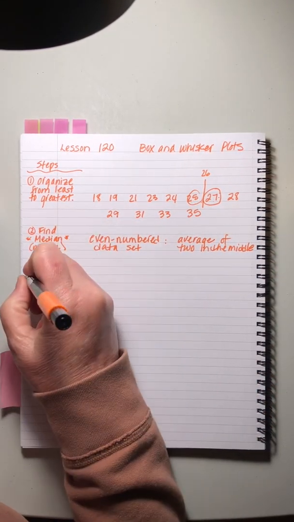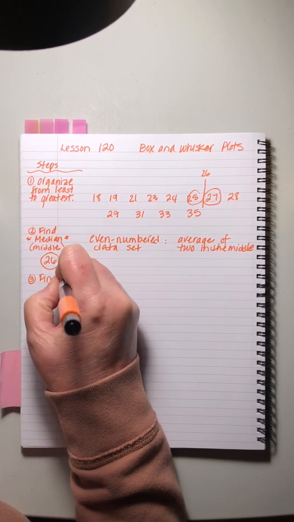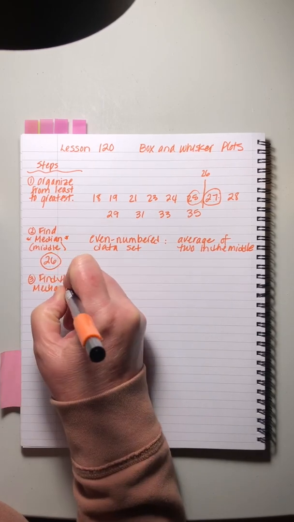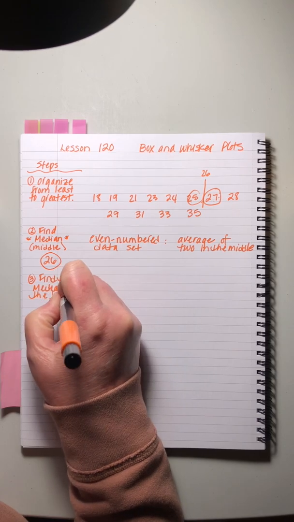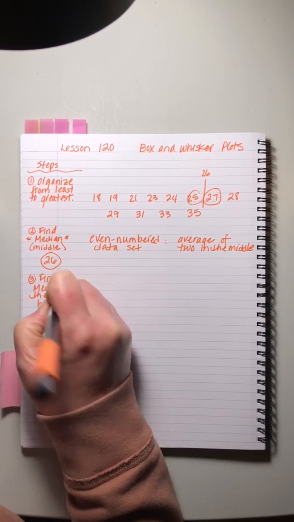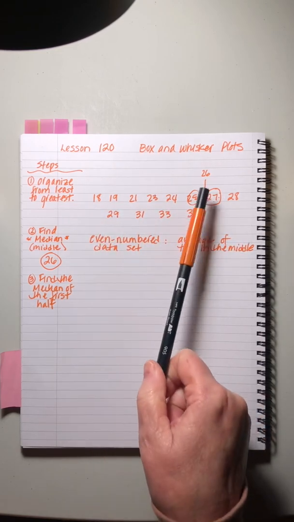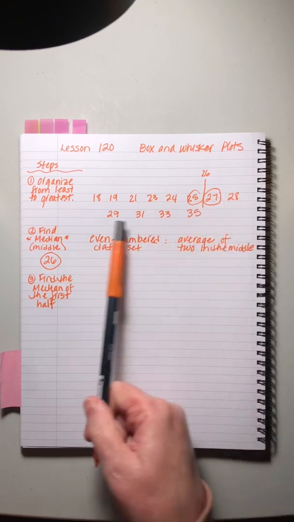We're now going to divide this data set into the first half and the second half using the median as the dividing point, right? So there's 6 here and there's 6 there.